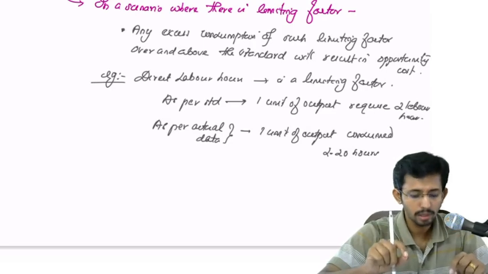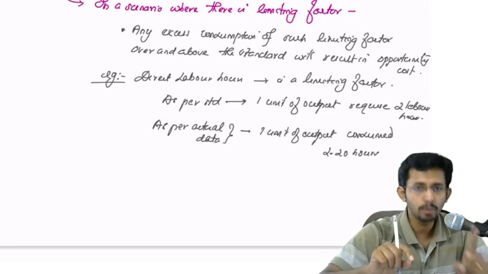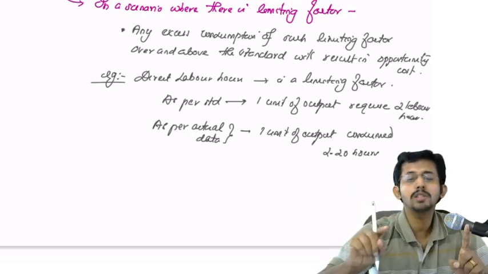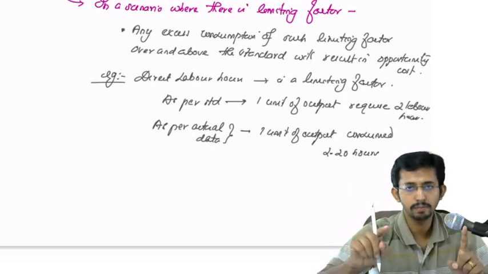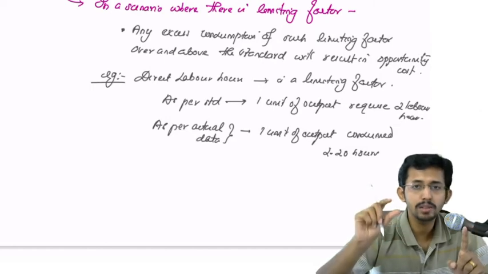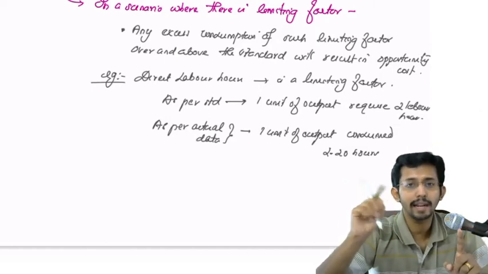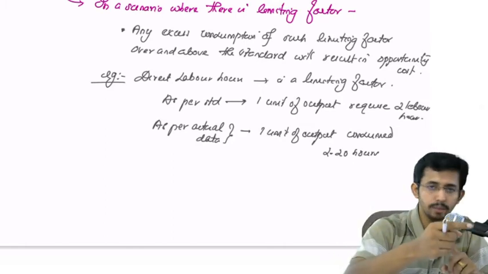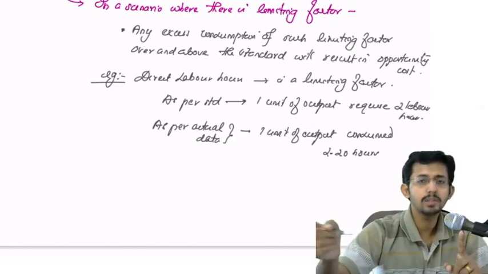Now suppose you have actually consumed 2.20 labor hours. So for each unit you have consumed 0.20 hours excess. So naturally what will happen? When you are consuming more, it is resulting into an adverse variance.